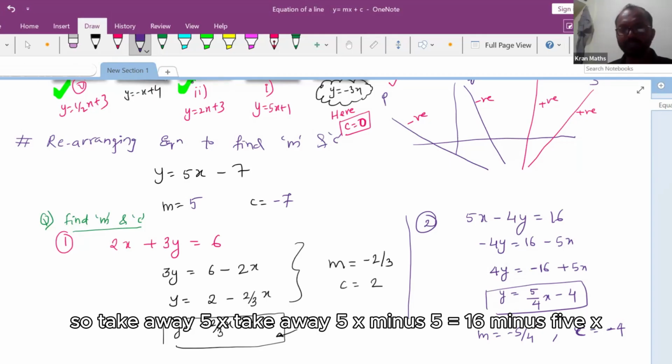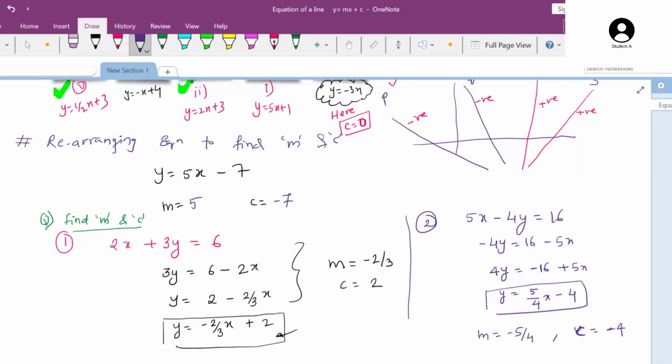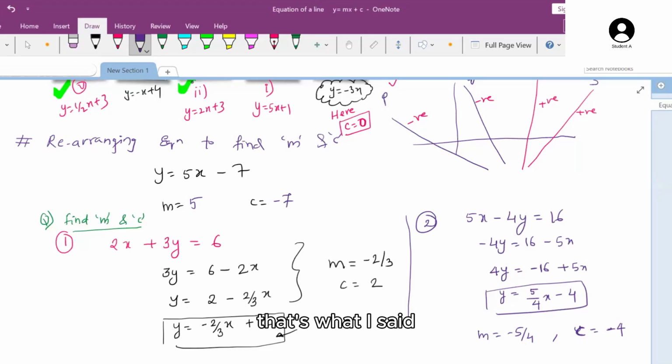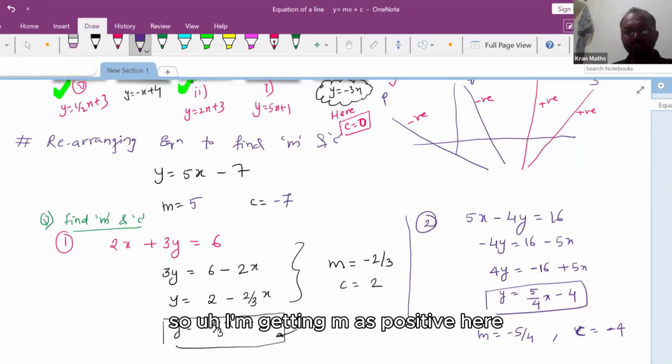So 5x minus 4y equals 16, minus 5x. Yeah, so I got minus 4 for c and then minus 5 over 4 for m. That's what I said. So I'm getting m as positive here. My answer is positive.